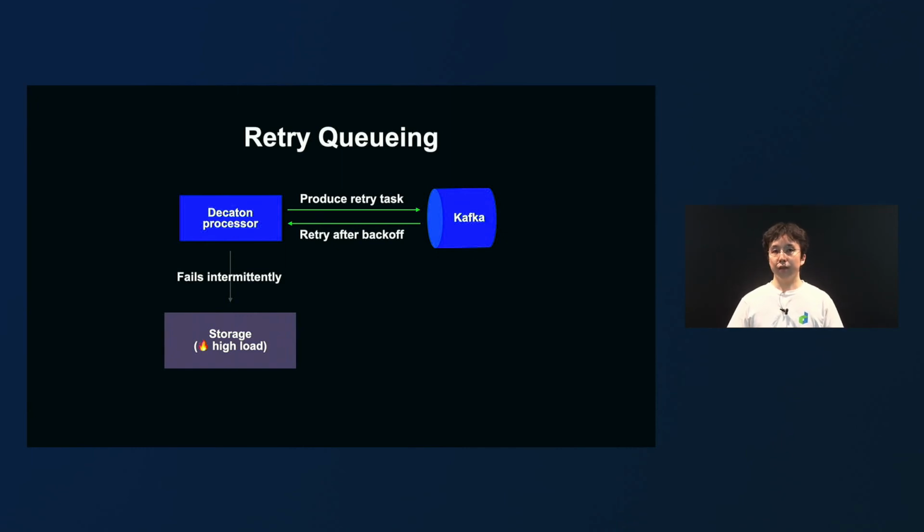For these cases, Decaton has a built-in retry queuing feature. With this, when the access to storage from the task processor fails, instead of retrying the process, it will produce a retry task to Kafka. The reattempted task is processed by the task processor again after a certain amount of backoff.